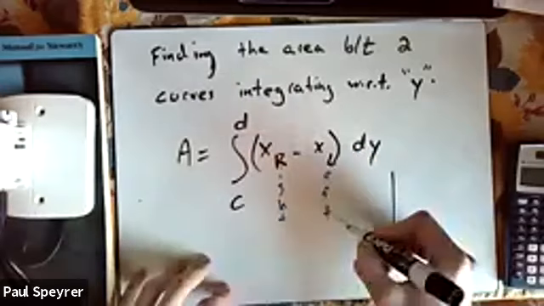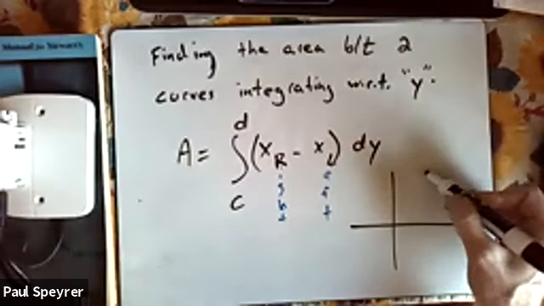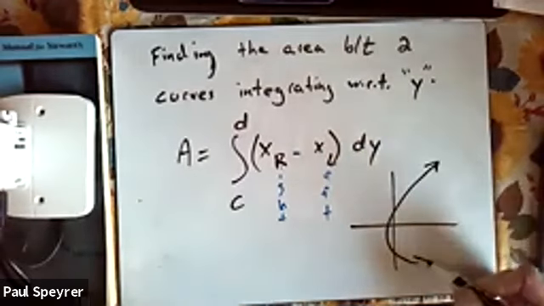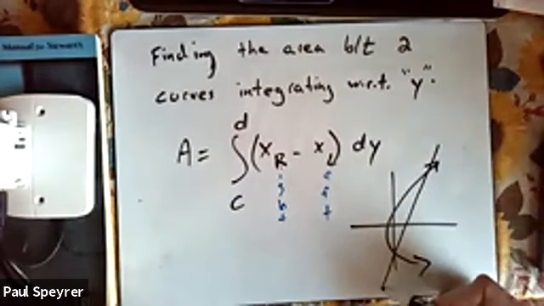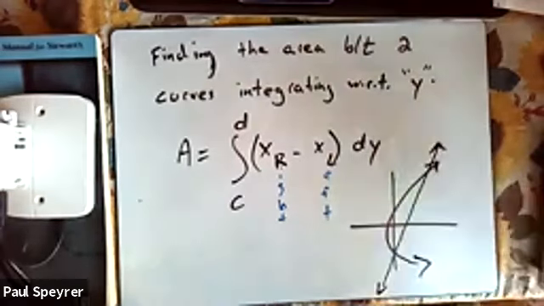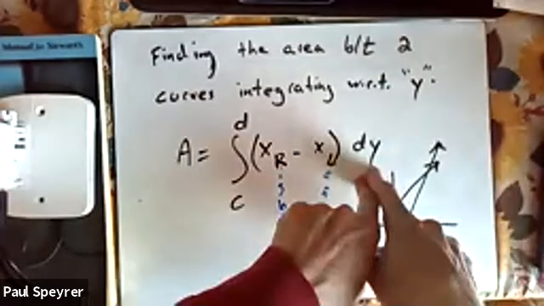Actually, what does that mean right there? Well, say we have a curve or a couple little curves. Like if you had something like this, for example, just making this up right here. Let's say we had two curves right here, okay? And we're integrating with respect to y.